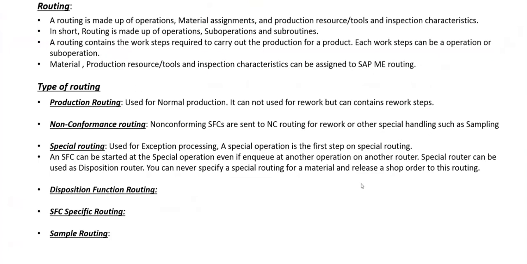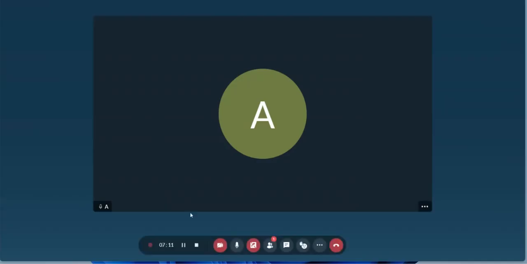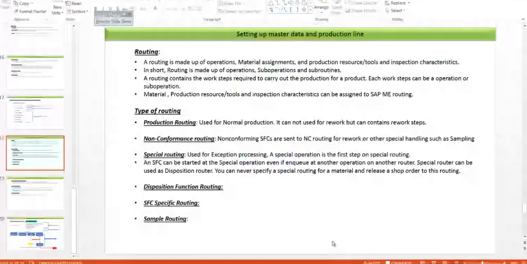And there is a special routing, which you can use as a rework routing, and it also has special characteristics. Suppose your product is at the production line, and if you want that particular product to be automatically moved, you can use that special routing for your special processing, for a special requirement.